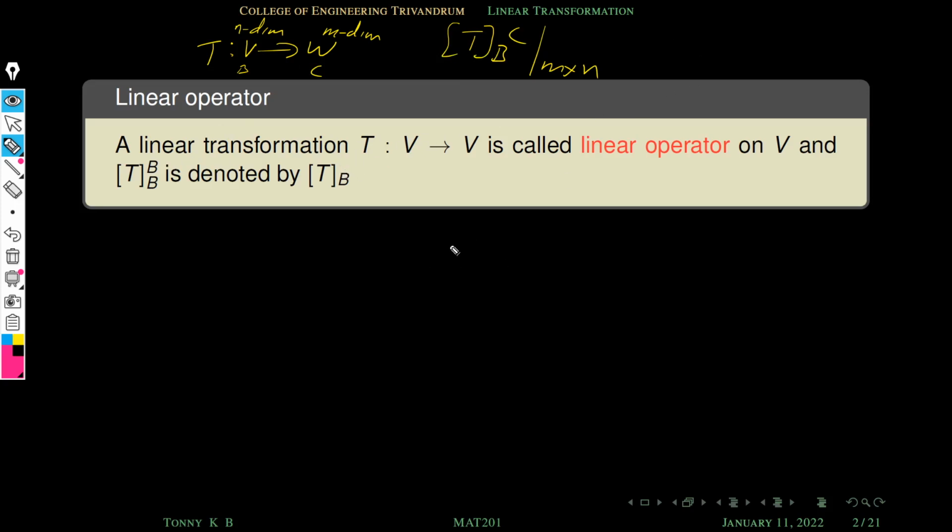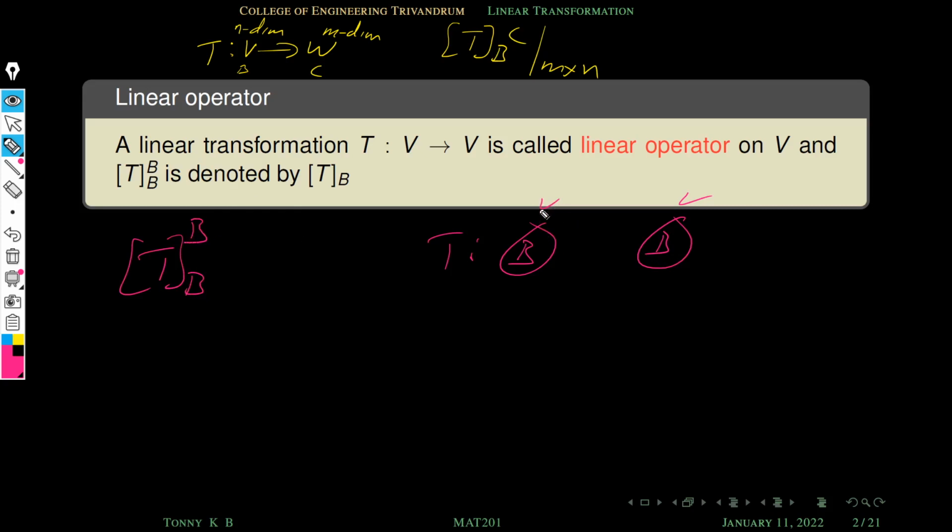And similarly, what is the matrix of a linear operator? Because here T is from V to V, we can choose the same basis. In the general case we use different vector spaces, so we use B and C. In this case the domain and codomain are the same vector space, so we can use the same basis for both. That's why we denote that matrix by T with respect to B and B. What is the order of this matrix?